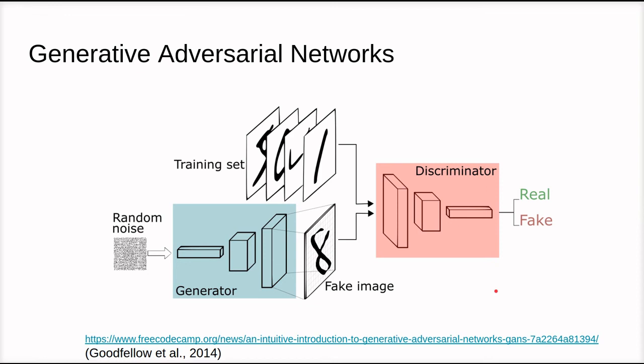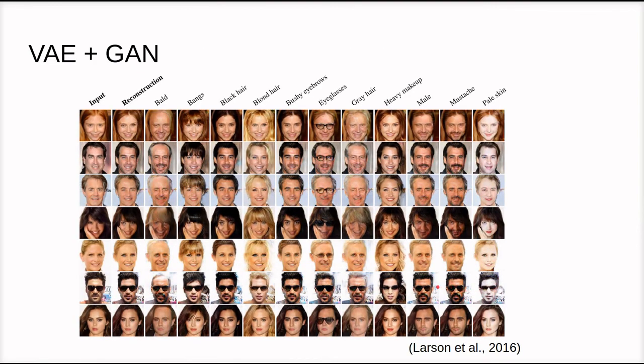And when that technique was used on generating faces, we see that the results are significantly improved compared to just the variational autoencoder alone. Again, if we take the blonde hair axis, we see that the hair color is changed, perhaps with substantial changes in the face compared to this face to that face.